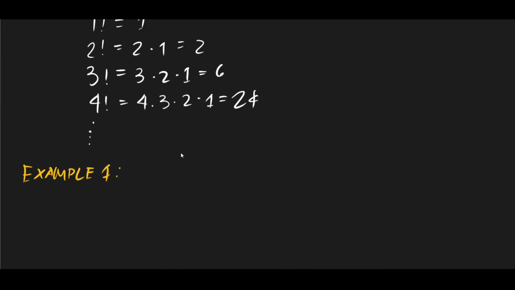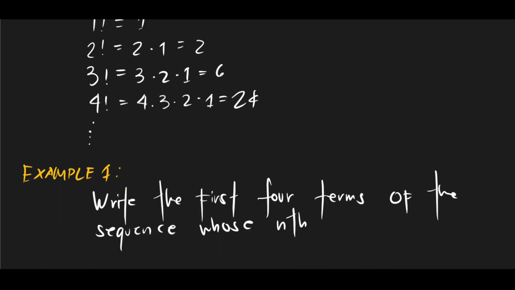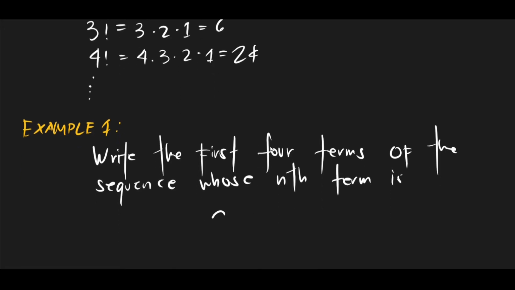Write the first 4 terms of the sequence whose nth term is a_n equals 2 raised to n all over n minus 1 factorial.